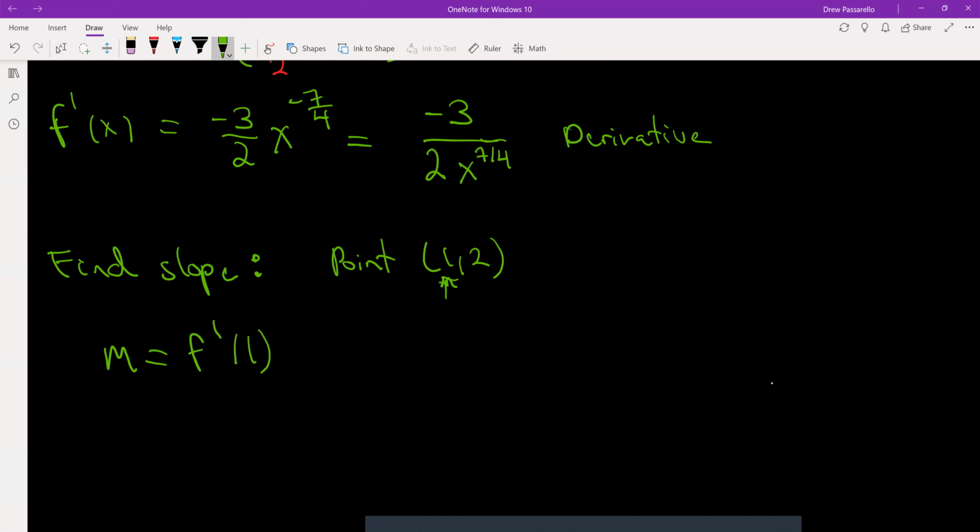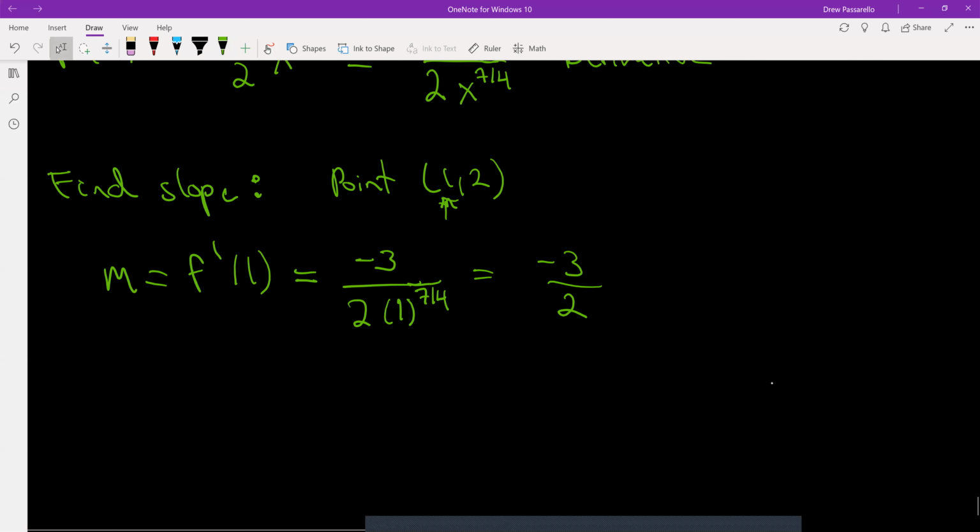So that's going to equal negative 3 divided by 2 times 1 to the 7/4. Well, 1 raised to any exponent is 1, so that's really 2 times 1 on the bottom. So I'd have 2 times 1 is 2, so that's negative 3/2. So the slope of the tangent line is negative 3/2.